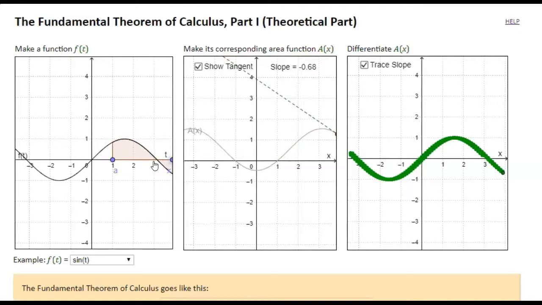That's the fundamental theorem of calculus. If you take the derivative of the integral, you get the original function. Okay? That's what that's demonstrating right there.